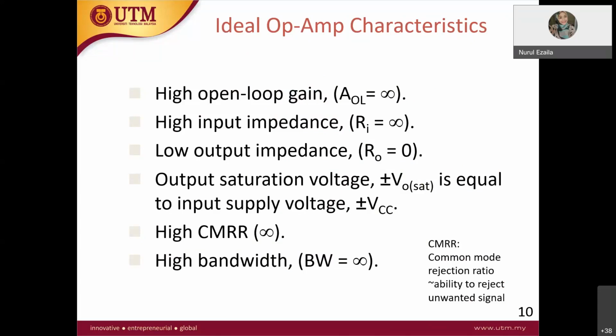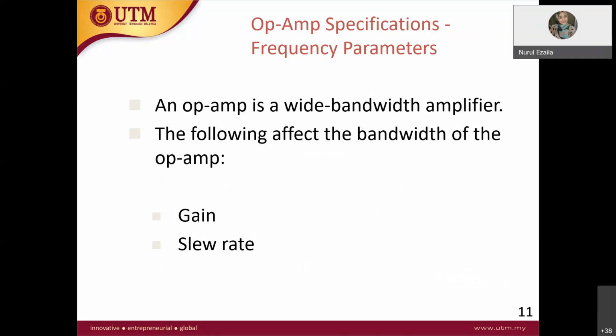Op-amp is good if you listen to music. Sometimes you hear noise, so how do you eliminate these noises or unwanted signals in the amplification system? Usually they use op-amp. Op-amp also has high bandwidth, approximately infinity.